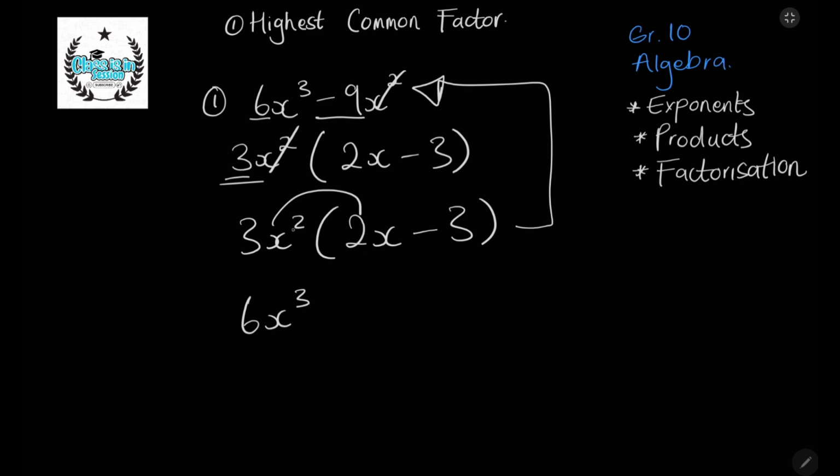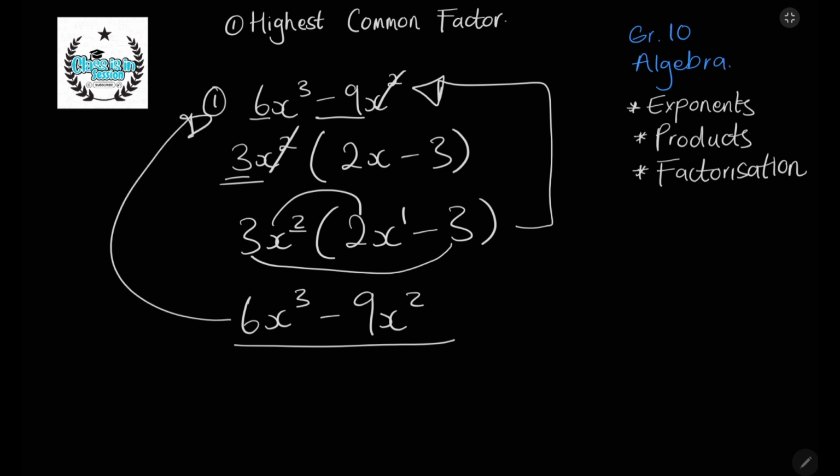We have x to the power 3 as it's 2 plus 1. Then 3x squared times negative 3. 3 times negative 3 is negative 9. Then you write x squared. Can you guys see that this is equal to that? Therefore, we factorized correctly. Now let's do the second example.